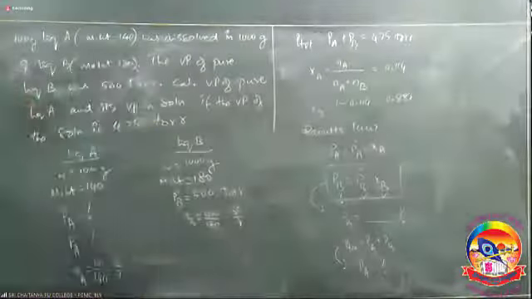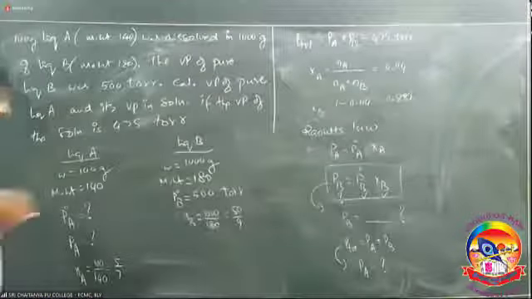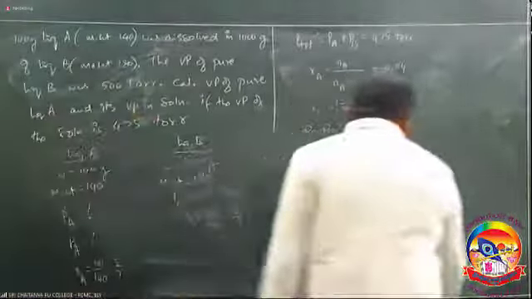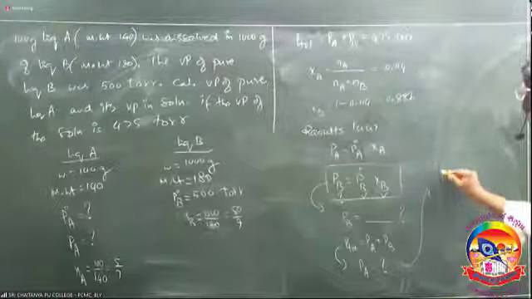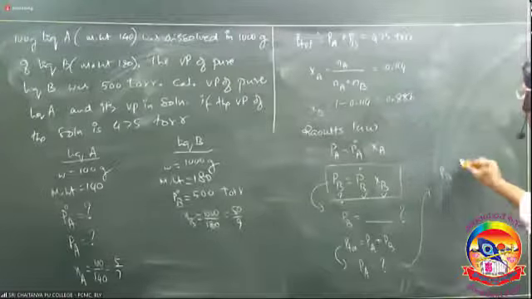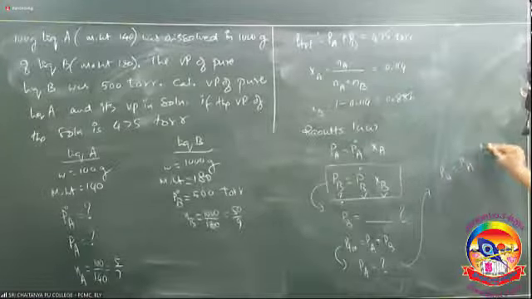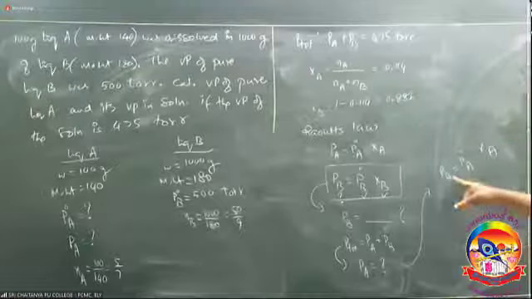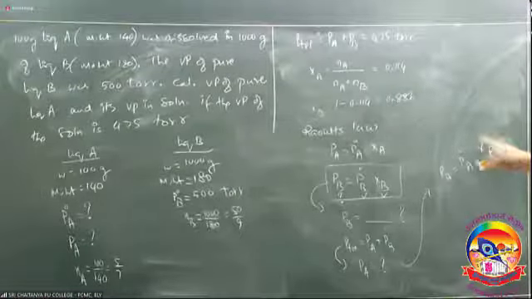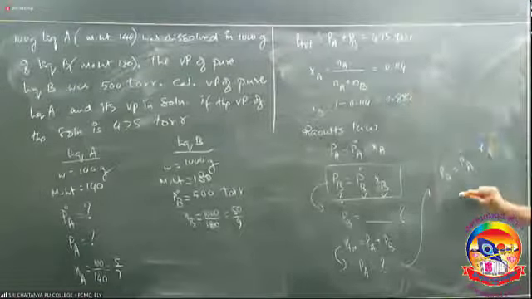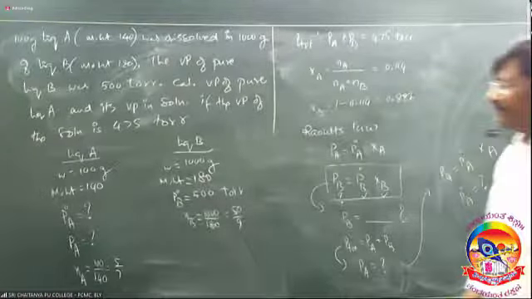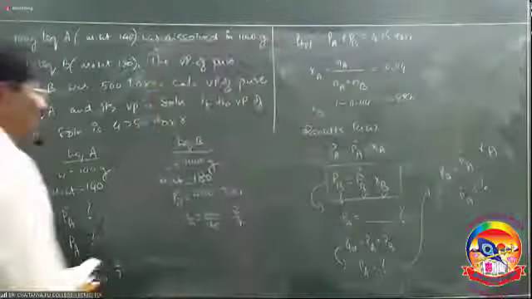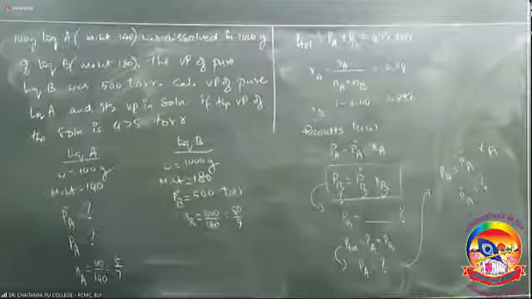After calculating PA, PA is equal to P naught A into XA. PA is already calculated, XA is calculated, so P naught A can be found. This is the way you can calculate them sequentially.